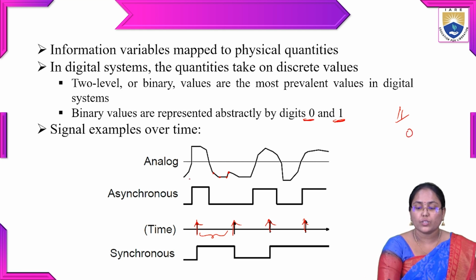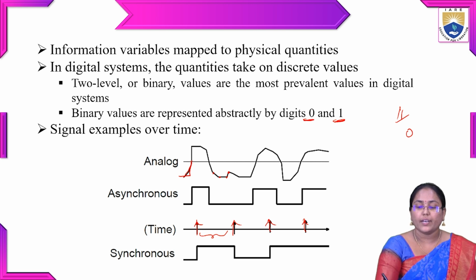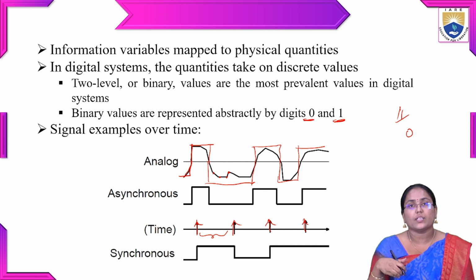As you can see in this analog signal, here it is very low comparatively, so directly we assign it 0. As soon as I get this one, I assign it 1. Again it moves to 0, again it changes to 1 till here, again 0, again 1. We don't have any other values other than 0 and 1.